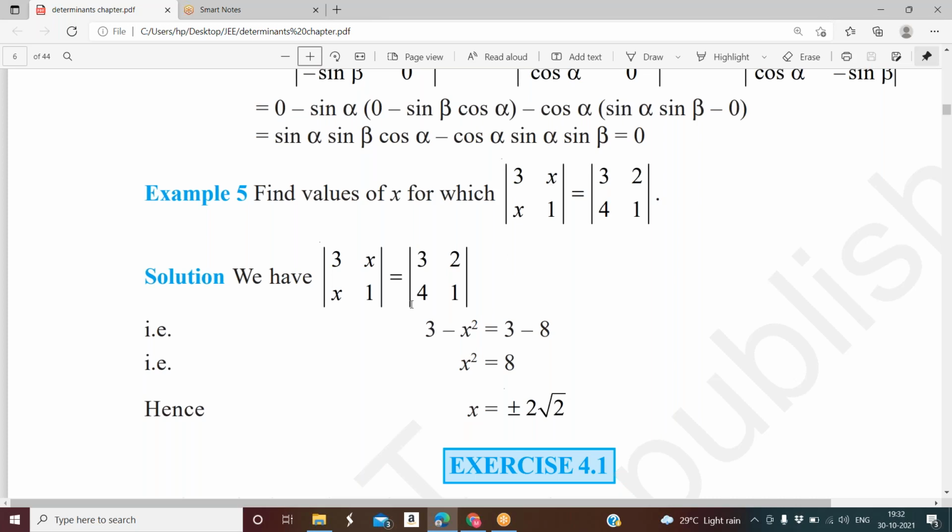We have to find the value of x in such a way that the left hand side value of the determinant is equal to the right hand side value. So we have determinant |3 x; x 1| equals the determinant |3 2; 4 1|. Expand the determinant given in the left hand side.